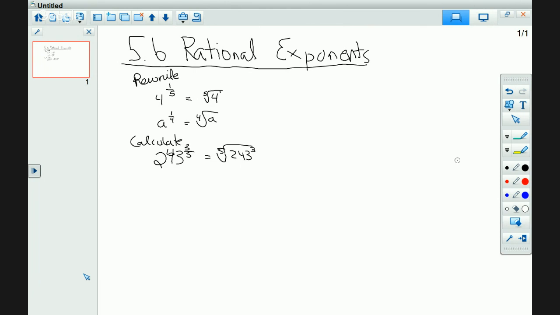What's the exponent on that first root, the 5? 5. So, can somebody do this for us in a calculator? Remember that you just type it in and hit enter.